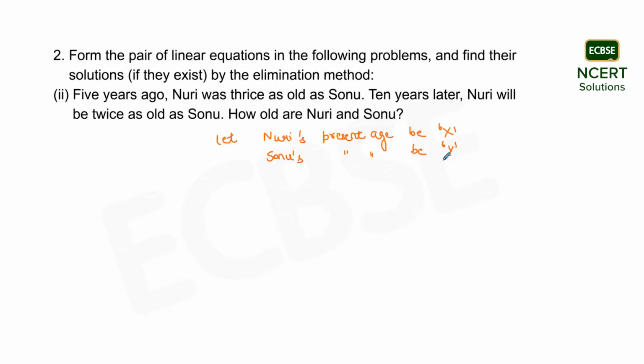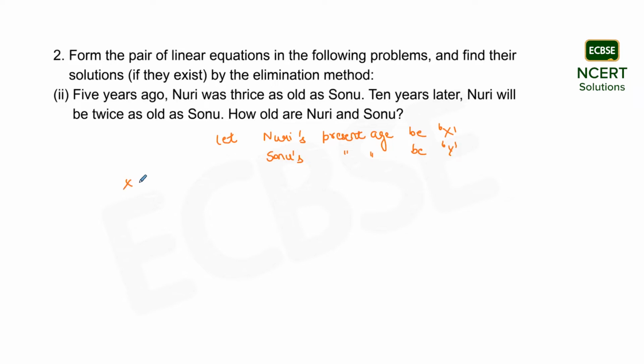So we have supposed the values of Nouri's and Sonu's present ages to be the variables X and Y. So according to the question, 5 years ago, Nouri was thrice as old as Sonu. Means the comparison has been made between the past age and the present age, that is 5 years from the present age.